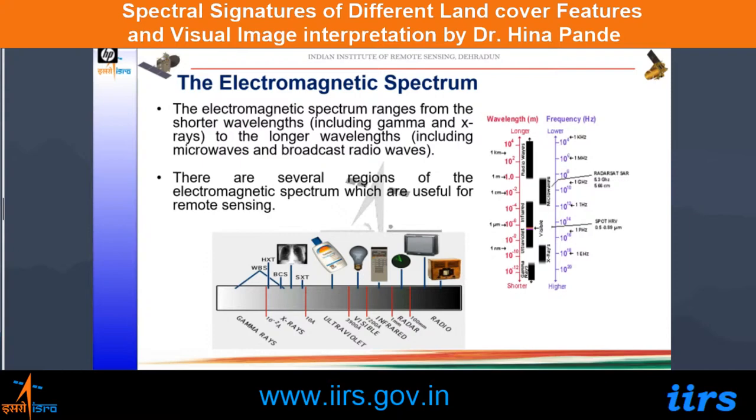So all these several regions of the electromagnetic spectrum are useful for remote sensing. In different regions, different properties of land cover features can be seen and interpreted, and then we can do analysis based on that.